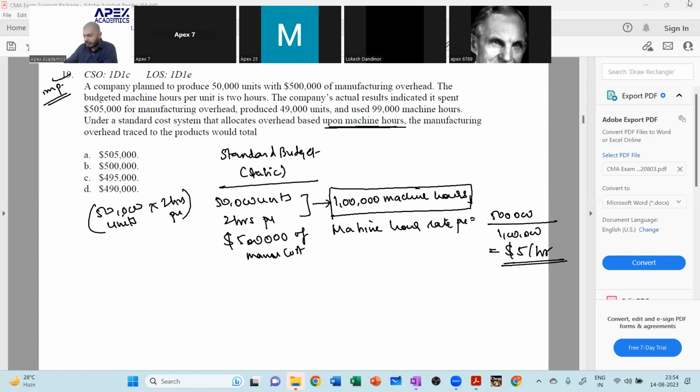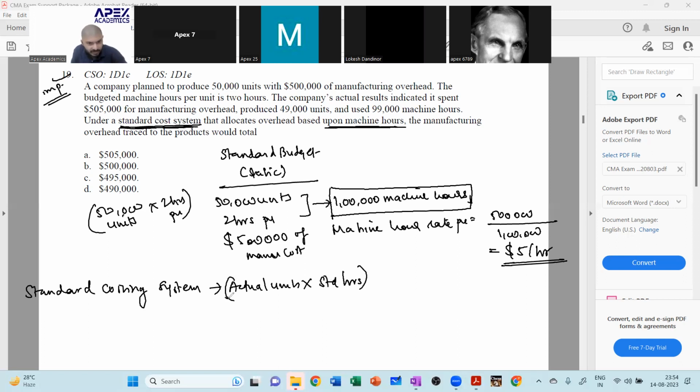This $5 per hour. Now, they are asking you to find out under a standard costing system. Now, please pay attention. Under a standard costing system, what will I say? I will say actual units multiplied by standard hours.